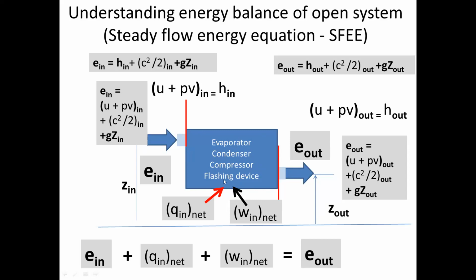So E in plus Q in net plus W in net. Net means work in and work out. So say 10 and 5, 10 minus 5, 5 is here, something like that. The net work in. All must leave as E out.